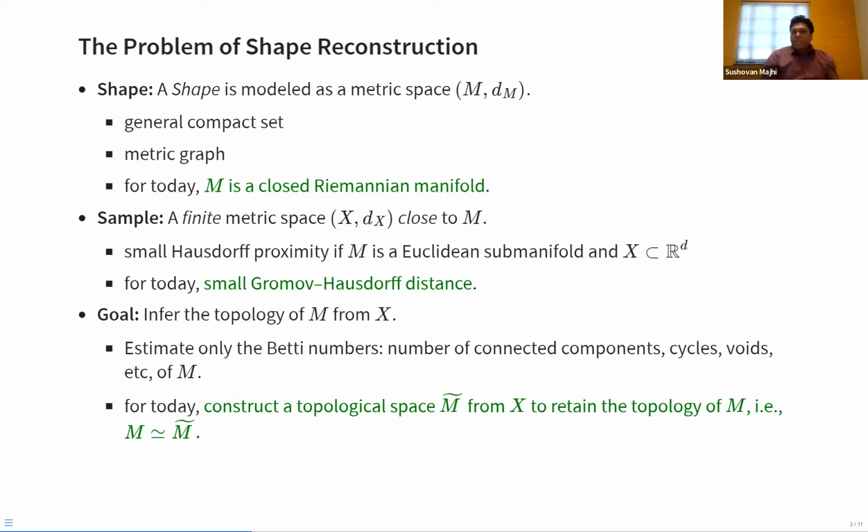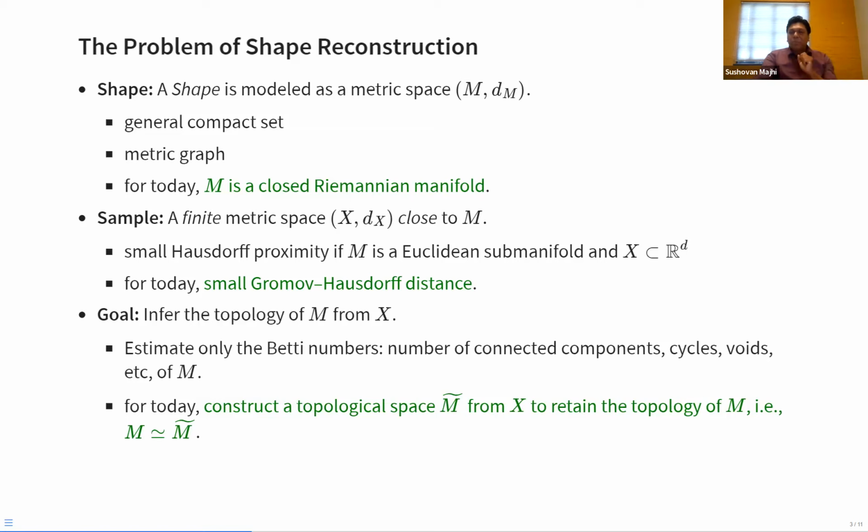So for today, we'll reconstruct Riemannian manifolds. We're also assuming that we have a closed Riemannian manifold. It doesn't have any boundary. Also, it's compact. So it's a nice Riemannian manifold. And the sample, being an abstract, again, metric space, is very close in the Gromov-Hausdorff distance to M. And our reconstruction goal here is to construct a topological space, M tilde, which is going to be a Vietoris complex today.